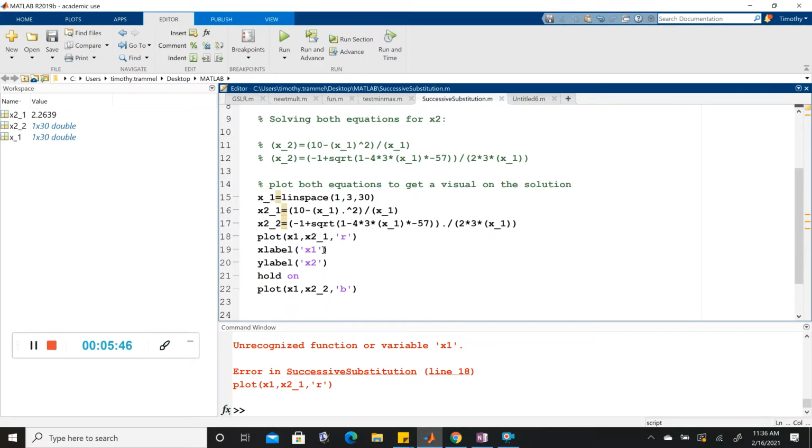All right, let's see if we can find our error here. This should be with an underscore here for the 1, and for everything else I think it looks good. Let's try again. Oh, I have another one up here in this plot. There we go.